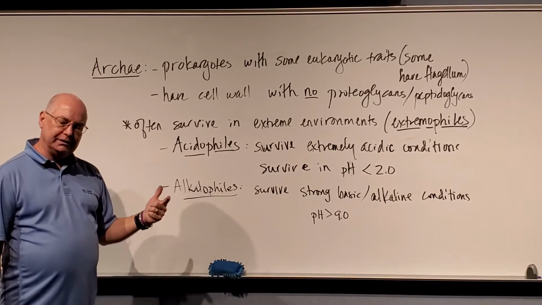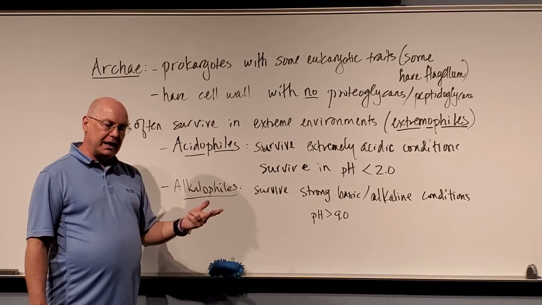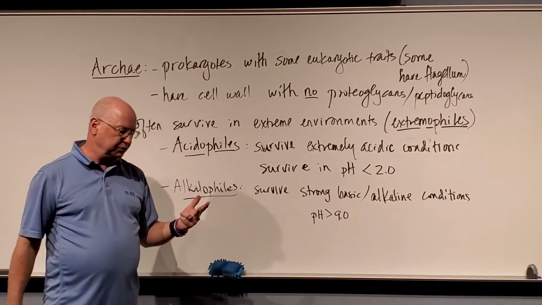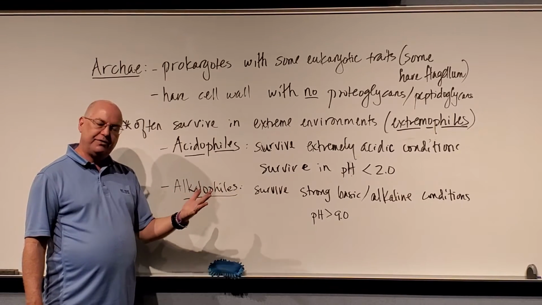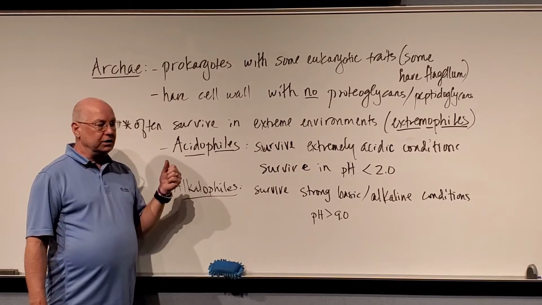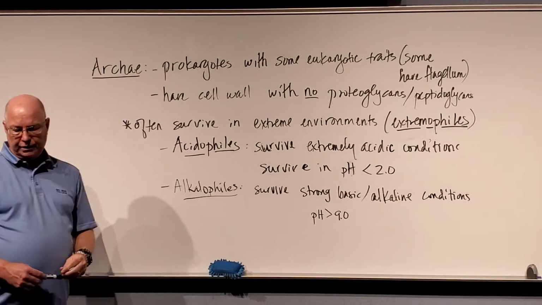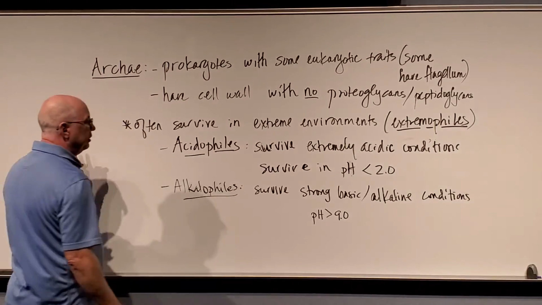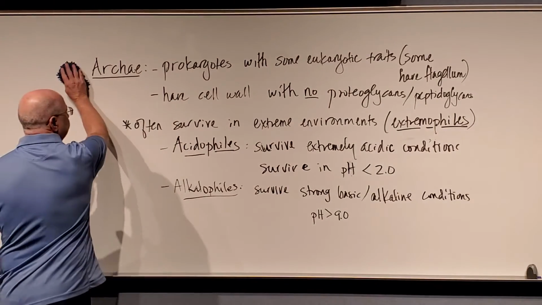Alkalophiles love basic conditions or alkaline conditions with a very high pH. Methanogens can survive very gassy conditions where the gases would be toxic to most life. Halophiles love extreme salt, and thermophiles love extreme temperatures. You should know each one of those categories, and you should know they all belong to the type of organism called Archaea. Now, I'm going to erase all this because we've got to get on to the next type of microbe that we're going to talk about.